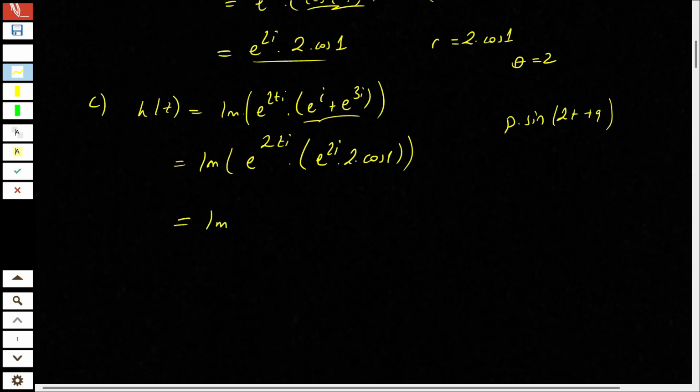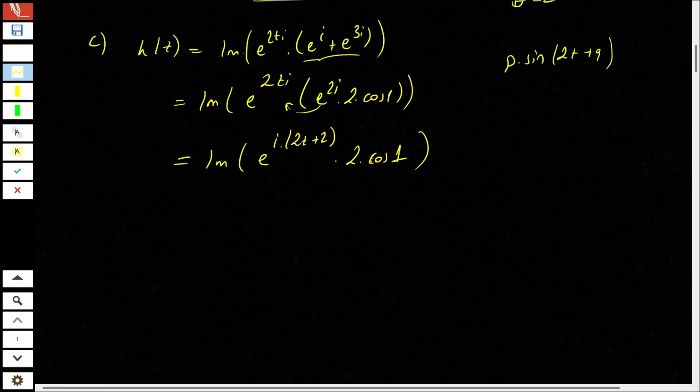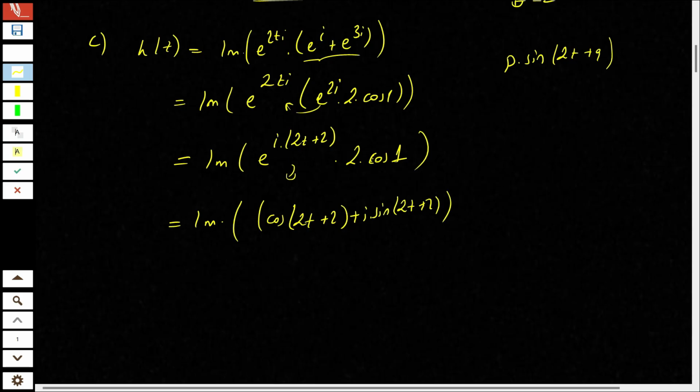And let's simplify it again. It is e to the power of i times (2t plus 2), which comes from here when you multiply, times 2 times cosine 1, right? So the imaginary part of this complex number, let me write it in the polar form here, which is cosine of 2t plus 2 plus i times sine of 2t plus 2, times 2 cosine 1.